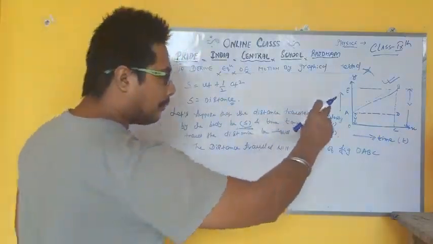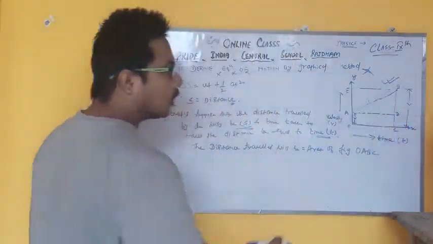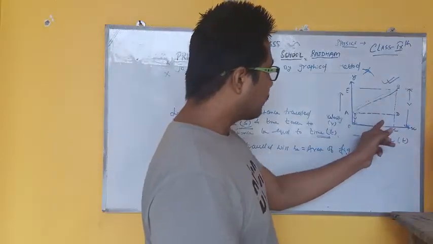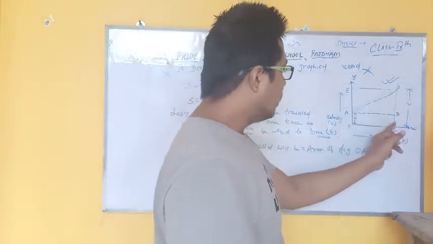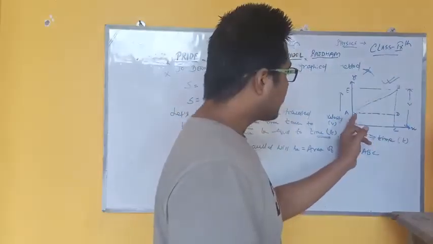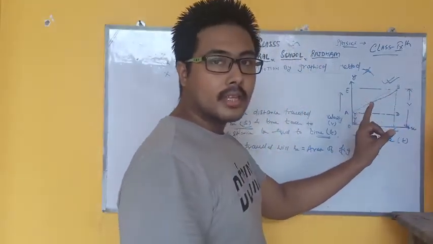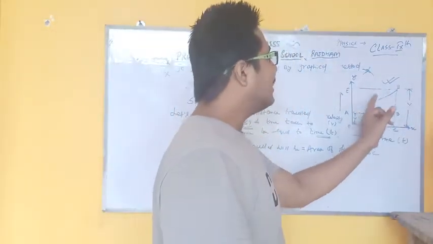How can we write this OABC? If you look at the figure properly, you can see there is a rectangle here and there is a triangle here. So it's a mixture of triangle and rectangle.